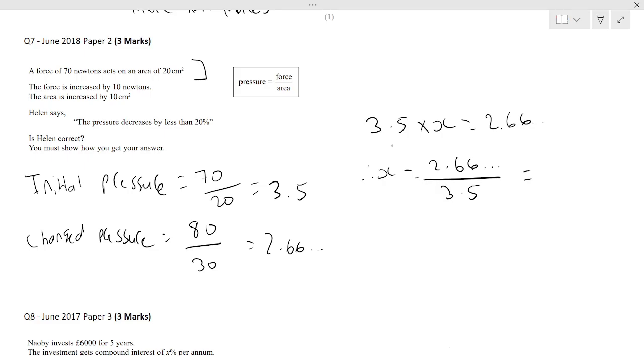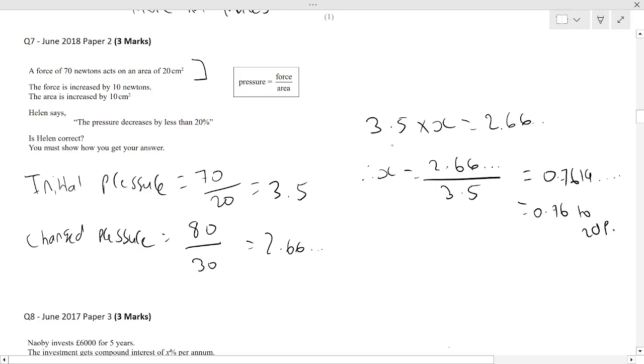And you put that into the calculator, that will give you this number here, 0.7619. Okay, or just 0.76 to 2 dp. That represents the percentage. That represents the amount of the original, right? That is 76%.